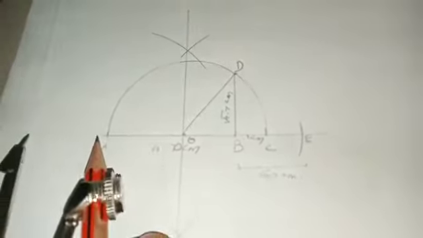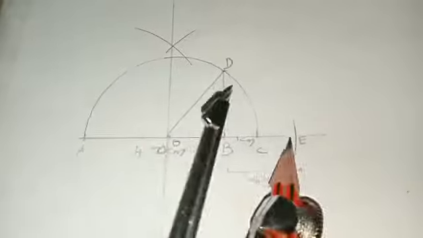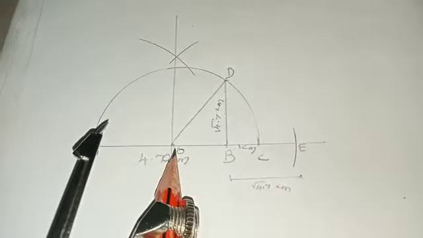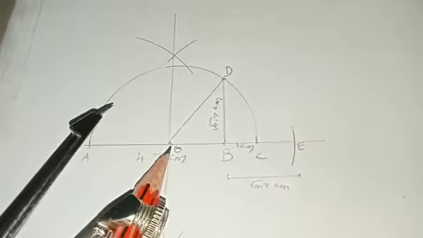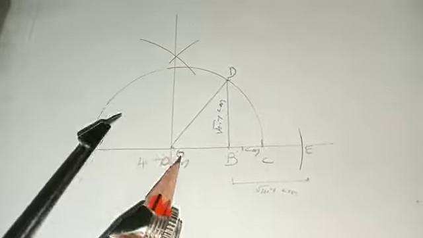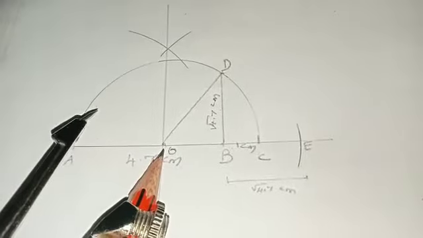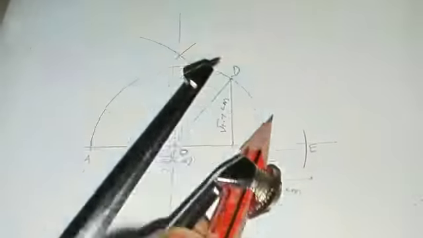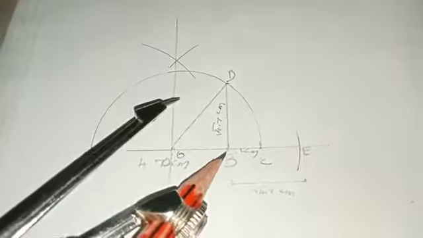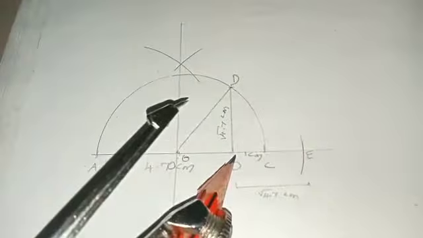Next, take the perpendicular bisector of AC. Mark that bisector point as O. Consider OA as radius, so OA is equal to OC. Keep the compass at O and draw a semicircle. Next, from B draw a line perpendicular to AB.